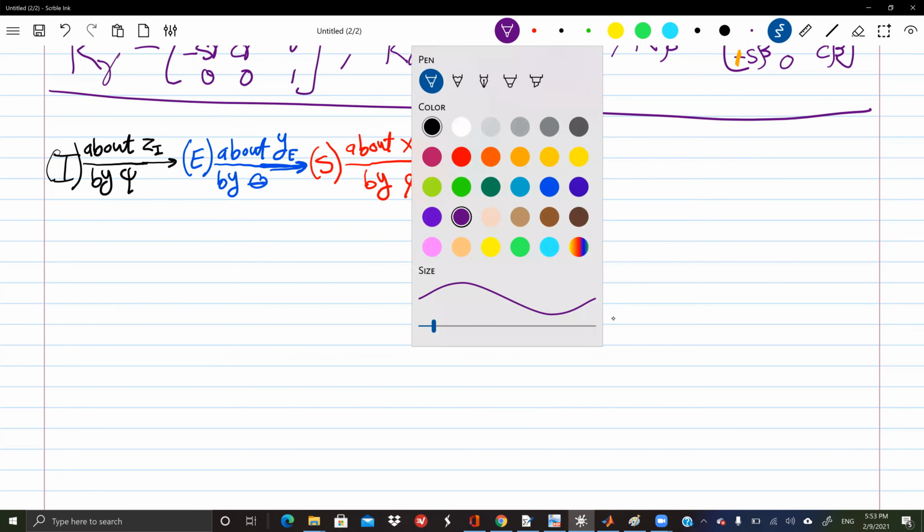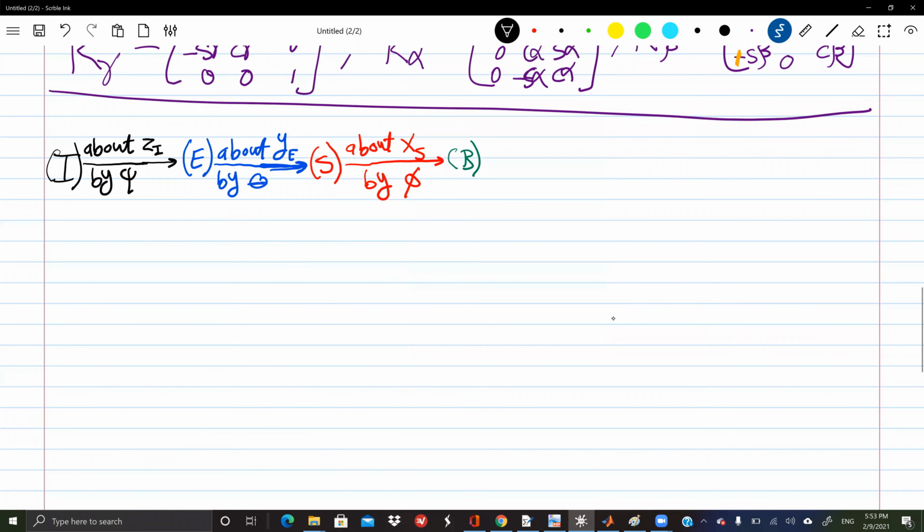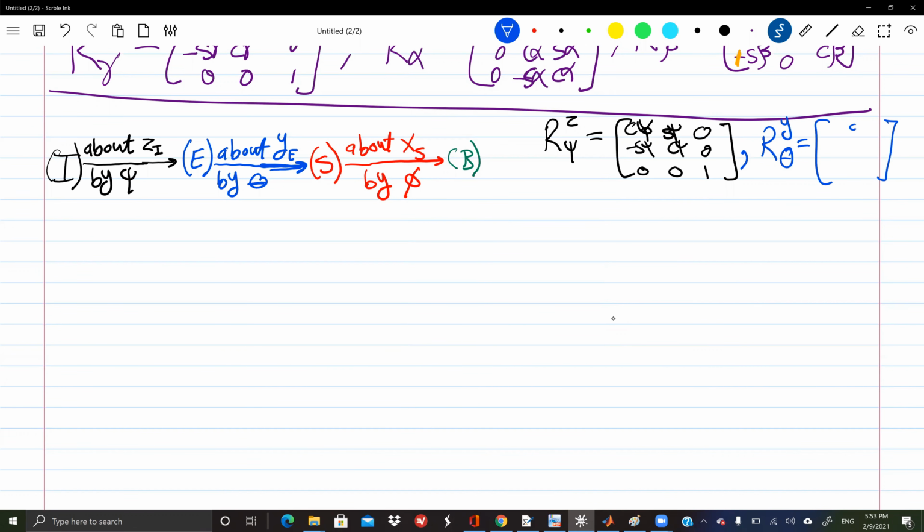Let's write down these rotation matrices together. Well, we already constructed the first one before. It was R psi z: 0, 0, 1, 0, 0, cosine psi, sine psi, negative sine psi, cosine psi. This one, R theta y, is 0, 1, 0, 0, 1, 0, cosine theta, sine theta, negative sine theta, cosine theta.